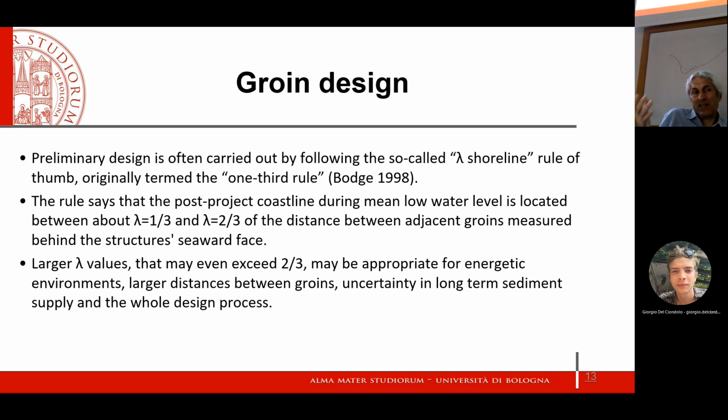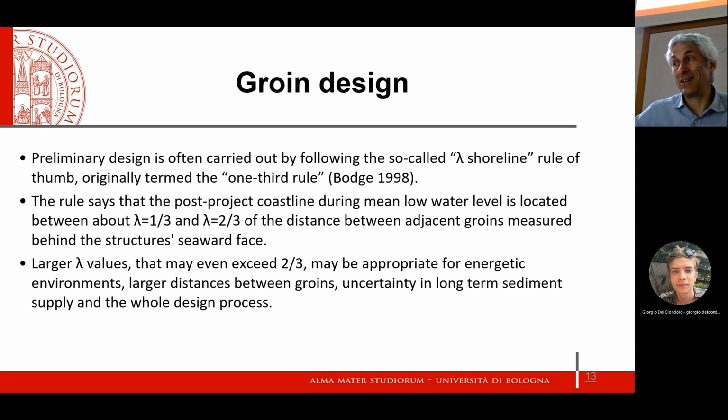I think it is part of our instinct, of our natural attitude. In the presence of uncertainty, we try to be optimistic, because this is the way to survive. When you are in a difficult situation, the way to survive is to be optimistic. But actually, this means that very often, in the presence of uncertainty, we have to expect that the solutions are less effective with respect to what we preliminarily estimated.